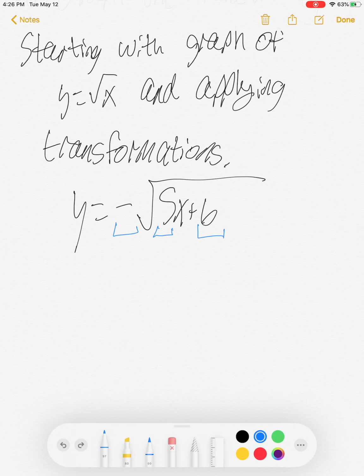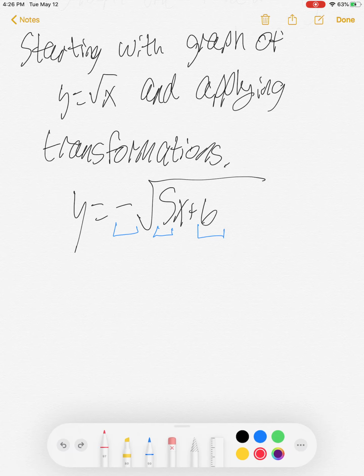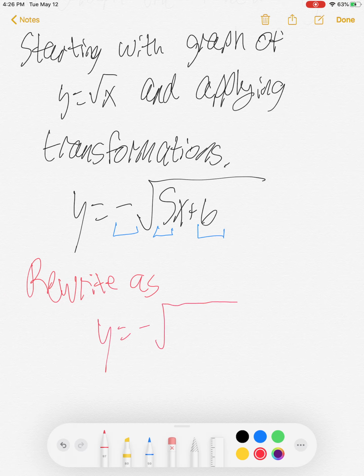Rewrite as y equals negative root, and now I'm going to pull a 5 out of both terms under here, and rewrite this as x plus 6 over 5. Now this makes it a little bit easier to visualize.